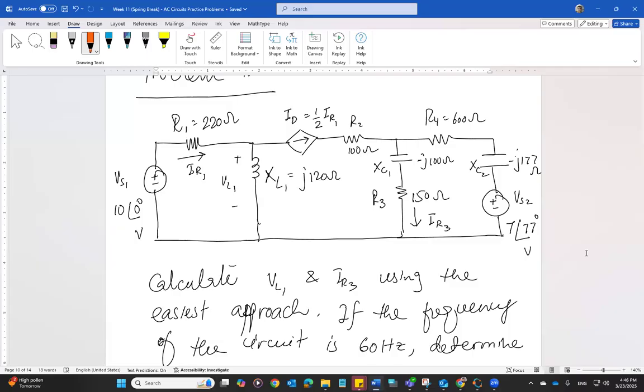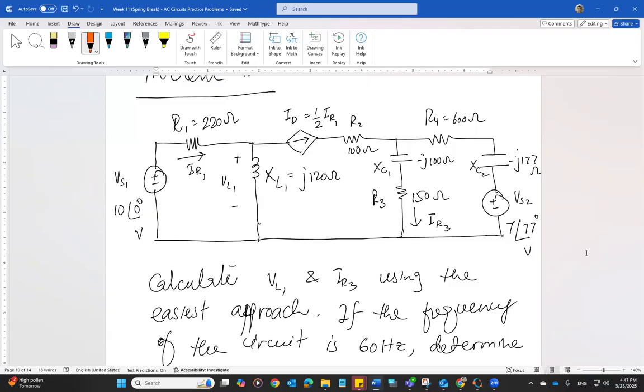Where you can make a mistake is identifying the fact that in the middle loop, you don't have to apply mesh analysis because you already know the current of that, and substitute IR1 as the mesh current for the left mesh. You can call that current IR1, keep it as IR1, because that's the current coming out of the source anyways.